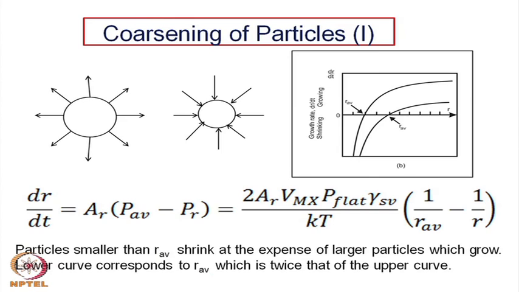The grain growth takes place quite fast, and full densification is not possible most of the time. So, let us try to see how the coarsening of these particles takes place, because this has some analogy with the grain growth phenomena which takes place towards the end of the sintering process.